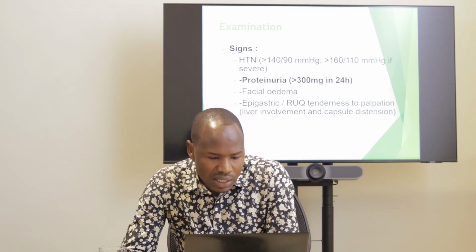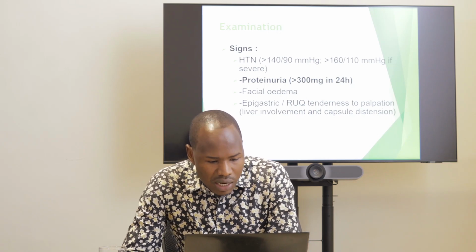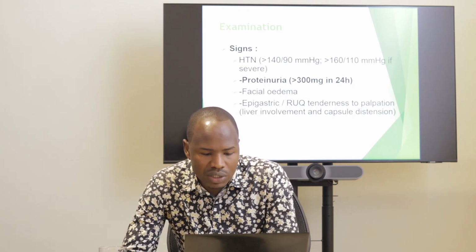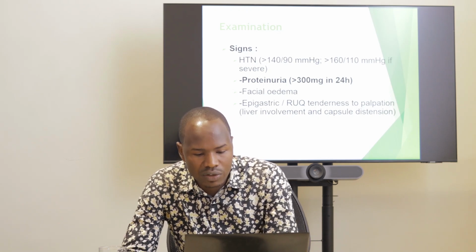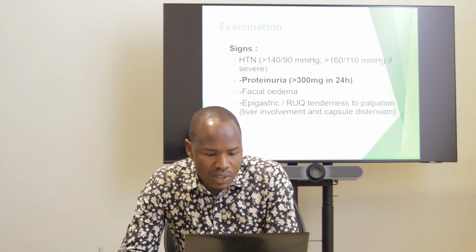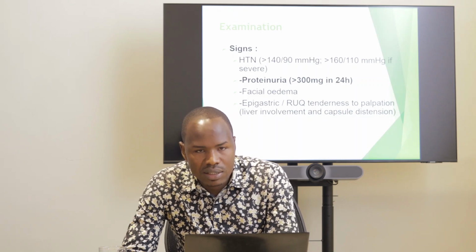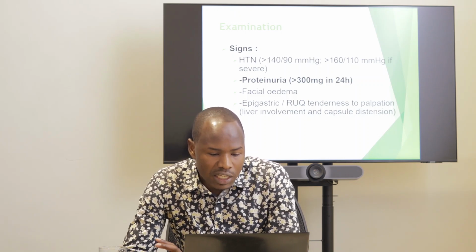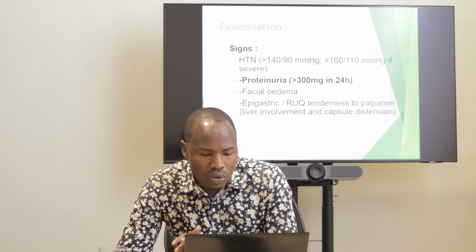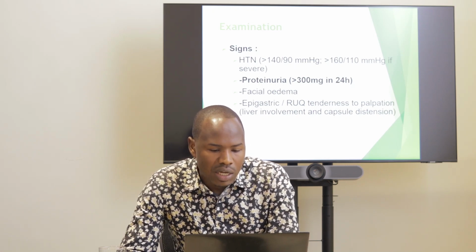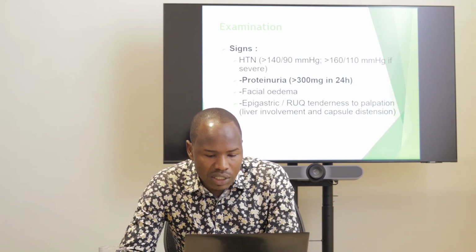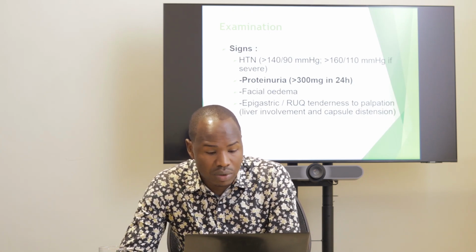When the client has that high blood pressure and proteinuria, meaning protein greater than 300 milligrams in 24 hours, we say that the client has preeclampsia. Then she may also have facial edema, and epigastric and right upper quadrant tenderness on palpation.